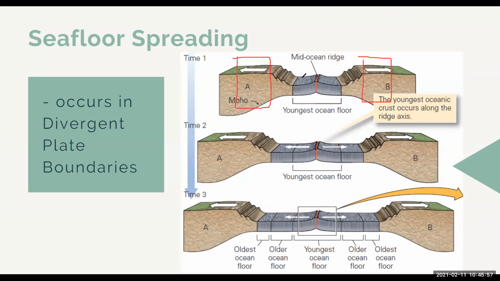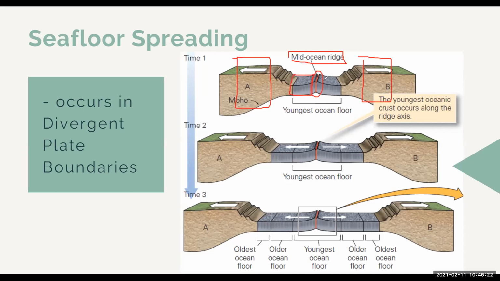So at a certain time, okay, so submodule nyo, this is already described, the mid-ocean ridges. So at a certain time from the mid-ocean ridges, magfo-form ka ng bagong seafloor. Okay, so this is the new seafloor.